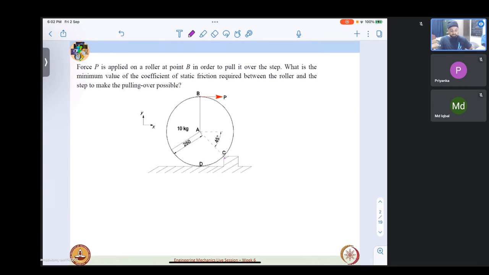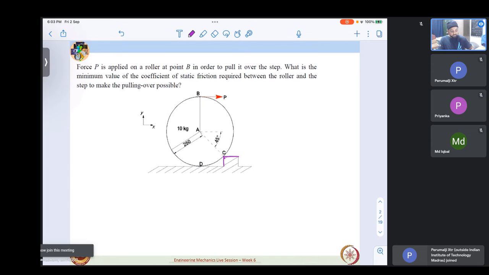The question says that a force P is applied on a roller at point B in order to pull it over this step. We are able to see that there is a step here, and the idea is to pull the roller over that step. What is the minimum coefficient of static friction required between the roller and the step?